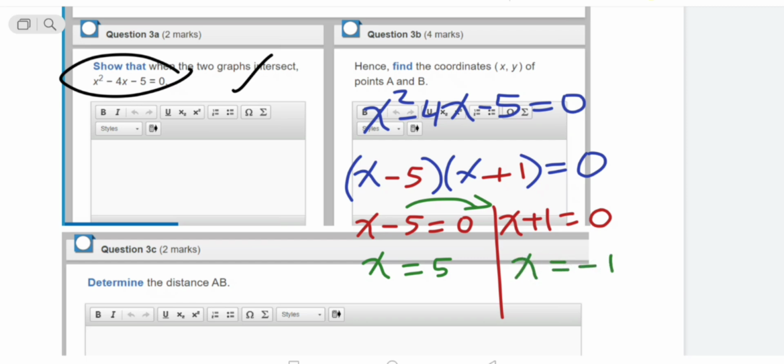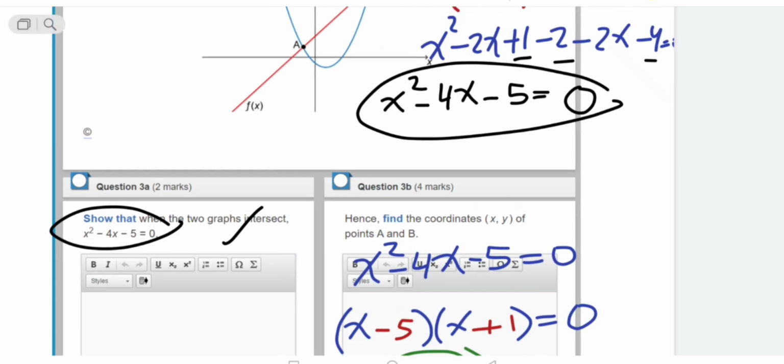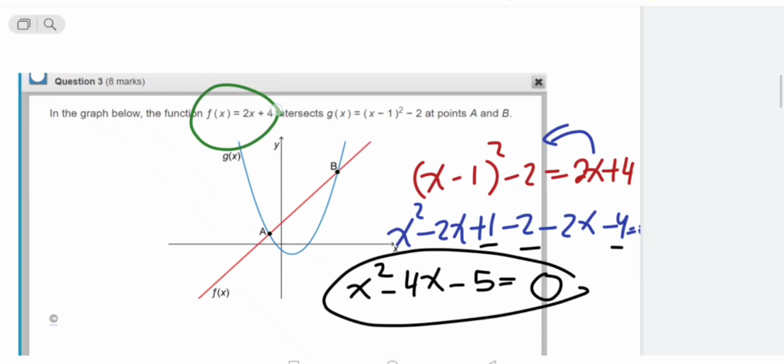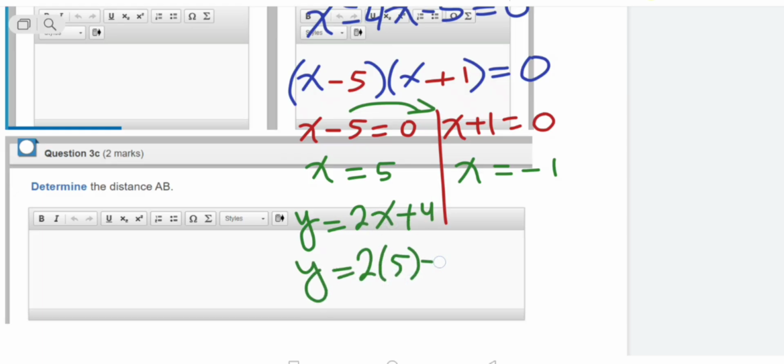Now, because we got the value of x, we need to find the value of y, because we need x and y both. So you substitute in this equation or in this equation, you can substitute in any function. I prefer this one because it is the small one, easy, it is linear. So y equals 2x plus 4. So y equals 2 times 5 plus 4.